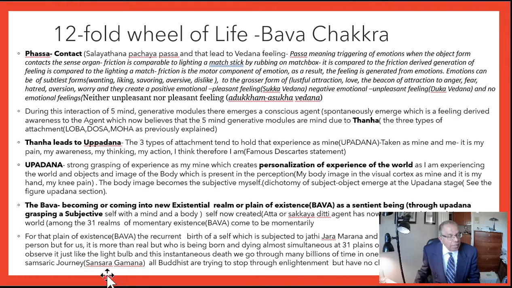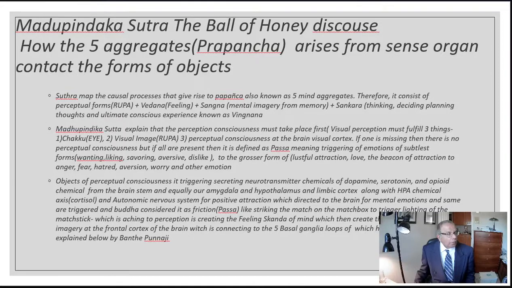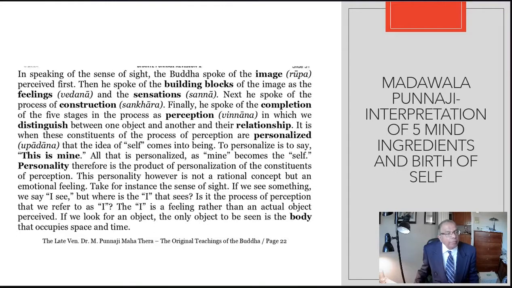That is the samsara gamana, the continuous life cycle that Buddha is talking about. So in the sutra, Buddha described this five mind aggregate as the papancha, and I describe it in detail, but I don't have time to explain all that. But this is how our life is being formed.